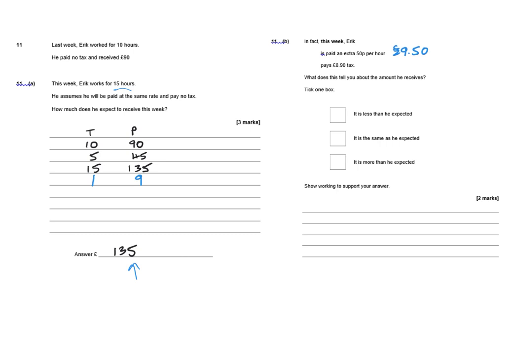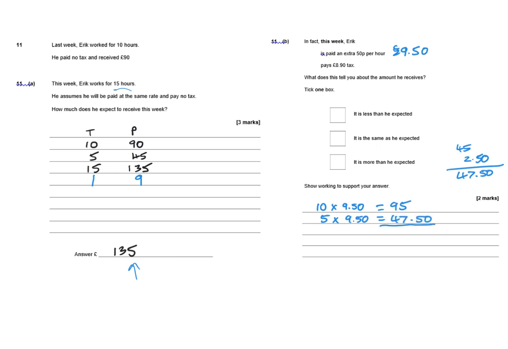So I can do it as 10 times £9.50 would be £95. 5 times £9.50 would be half of that. So half of 90 is 45. Half of £5 is £2.50. So I'll make that £47.50.